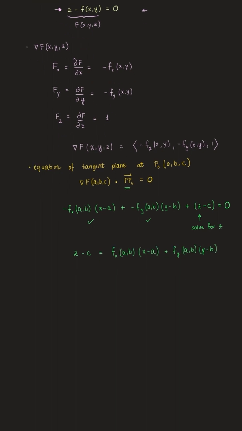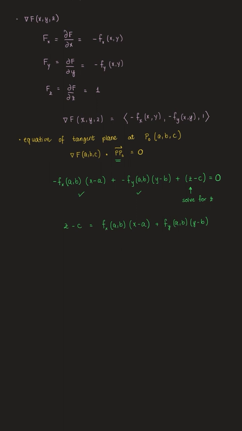The last thing I'm going to do here is find a new expression for c. Our point P naught has coordinates a, b, c, or we could write this as coordinates a, b, f of a, b, because f of a, b represents the height at any point a, b on the xy plane. So I'm going to replace c with f of a, b and also move it to the right side of the equation, so I can write the equation of the plane in an explicit form. So here we go.